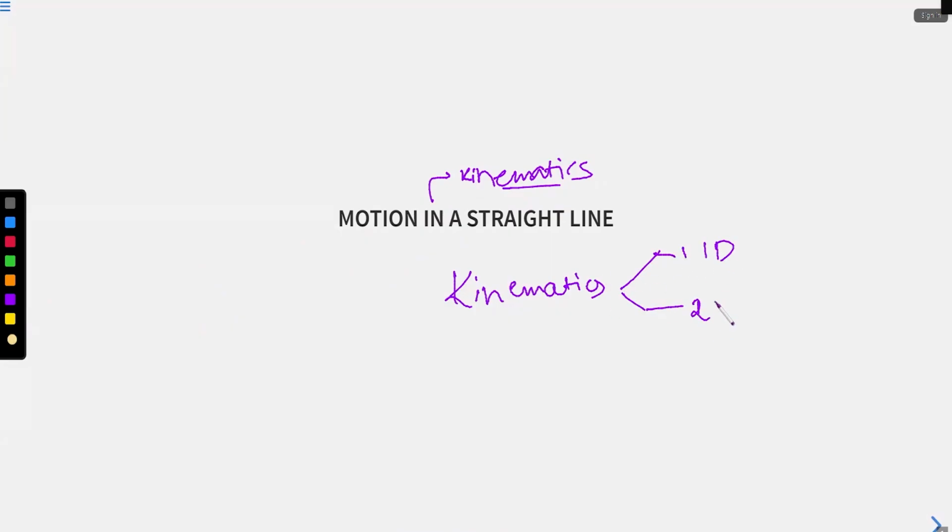In kinematics 1D, we basically deal with motion in a straight line, which we are going to discuss today. And in kinematics 2D, we basically deal with projectile motion, whatever you have studied, right? So we'll be dealing with motion in a straight line.